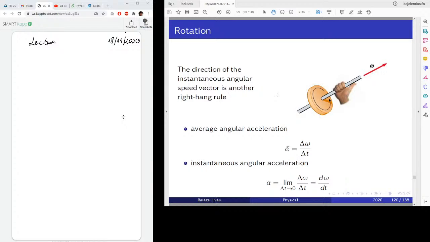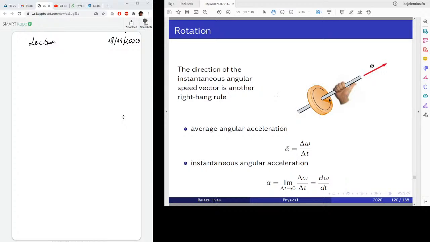I can draw it, though it's not that nice. You have a cylinder and you rotate it like this. The omega will point like this, and if you speed it up, the angular velocity increases, for example from 1 over s to 2 1 over s.